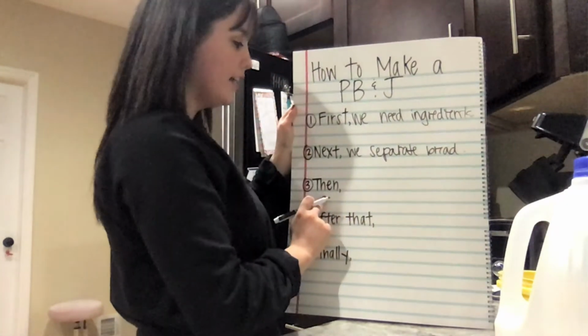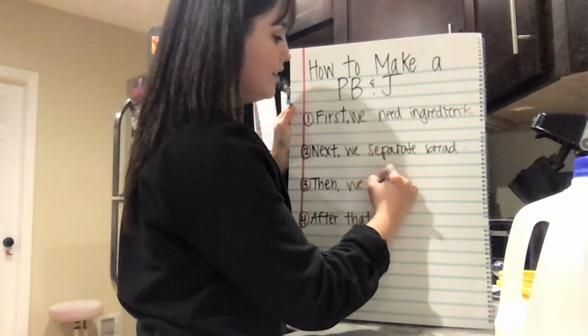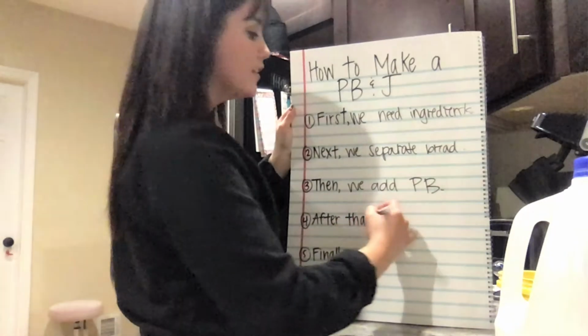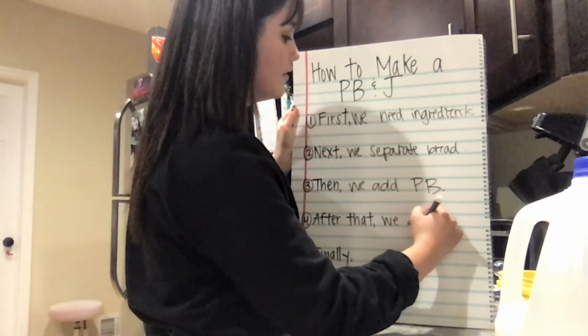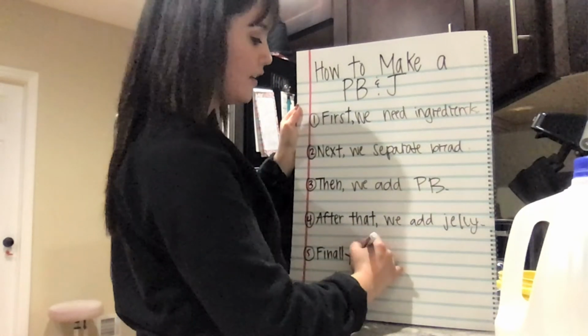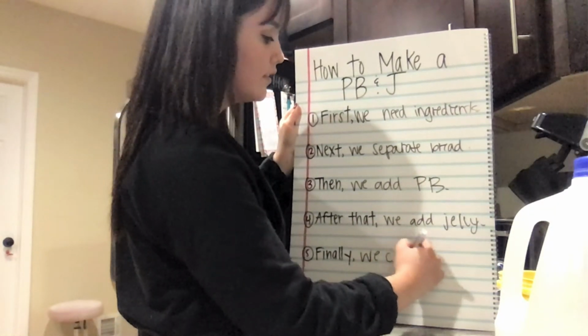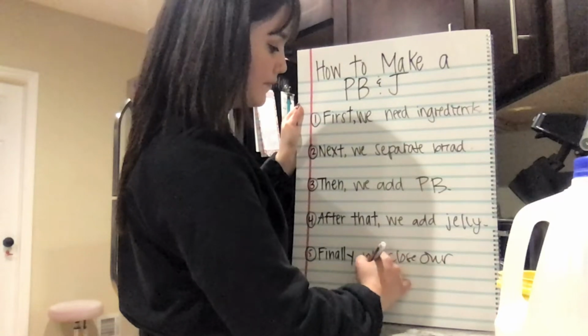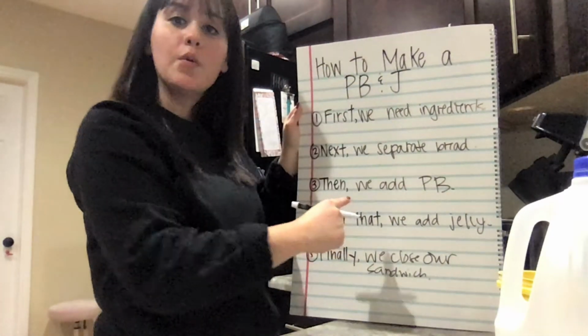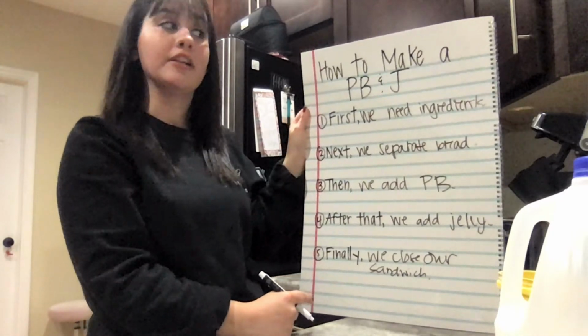Then we add peanut butter. After that, we add jelly. And finally, we close our sandwich. We just sequenced how to make a peanut butter and jelly.